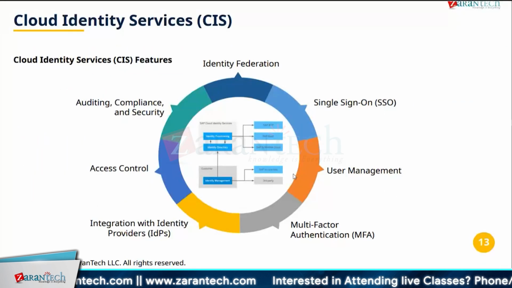Some of the features of CIS, as we say, are all the functionalities which are available when we host it. We have talked about it. It is nothing different from the on-premise related things we did. Similarly, you can think about it as something which is being done directly in the cloud. I'll just pause here, and then maybe you can go through these features if there's anything you want me to provide.